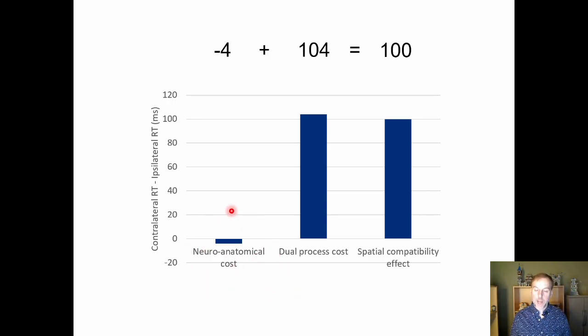Neuroanatomy does have a cost, but it can't explain this giant difference between ipsilateral and contralateral. That is mostly explained by the conflict between the automatic and intentional processes.